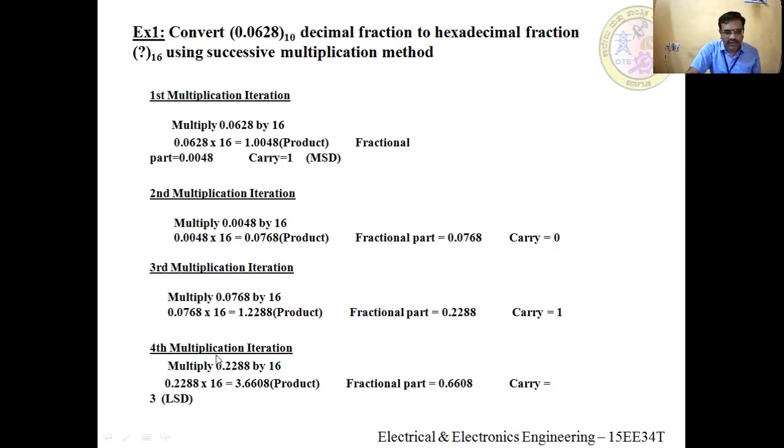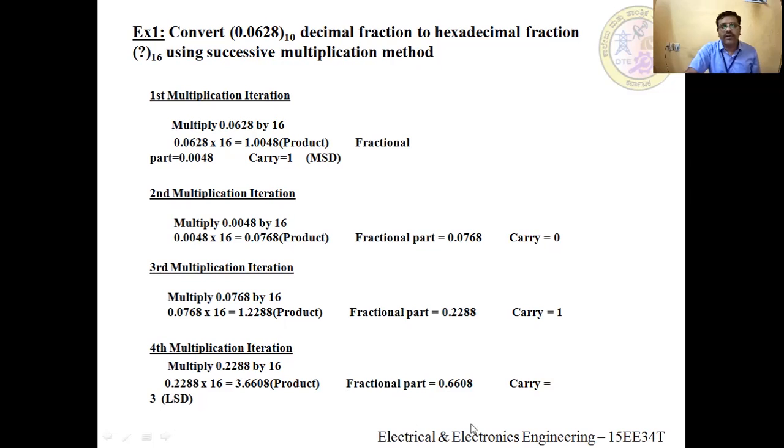So let us go to the fourth multiplication iteration. 0.2288, the fractional part of the third iteration, you multiply by 16. What will you get? 3.6608. This is the product. The fractional part is 0.6608 and the carry part is 3.